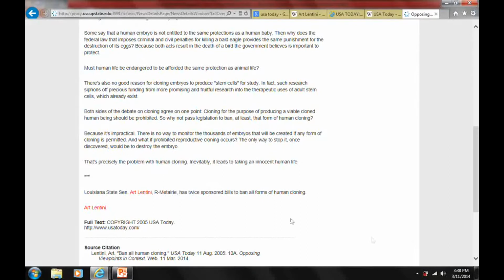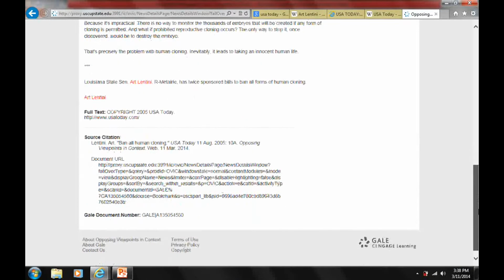At the bottom of this page, it gives us our citation in MLA format. So for this one, we've got our information right here. All you have to do potentially is copy and paste it into your Works Cited page.